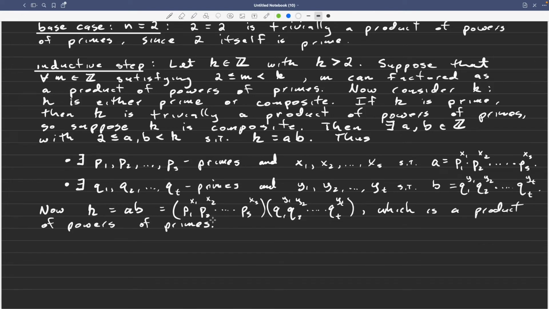And so that's it. So the key to this proof, and why the second principle of mathematical induction worked so well on it, was the fact that when we got to the point that k is composite, the factors have to be in the interval of numbers starting at the base case and strictly less than the number we're thinking about.